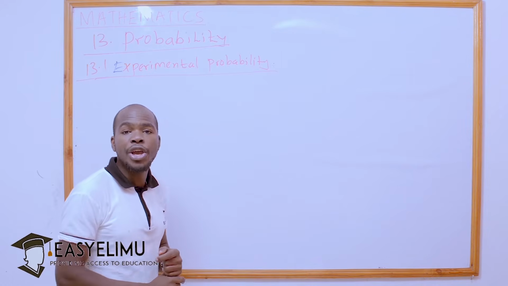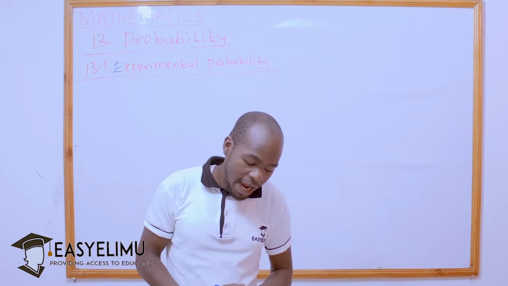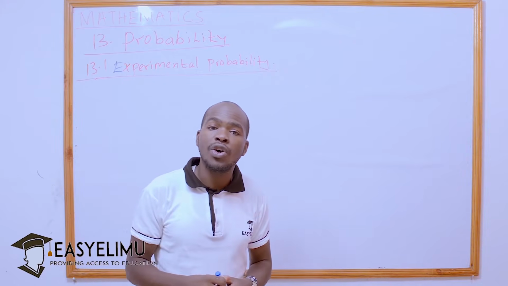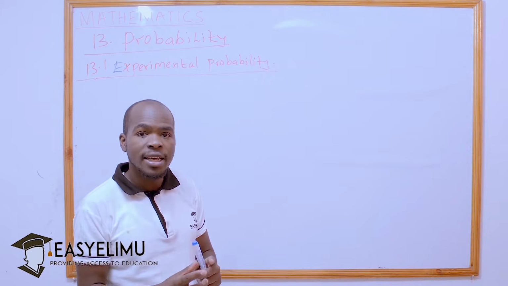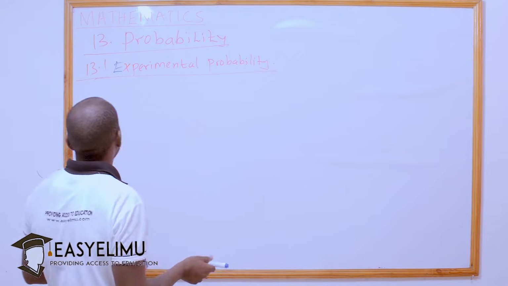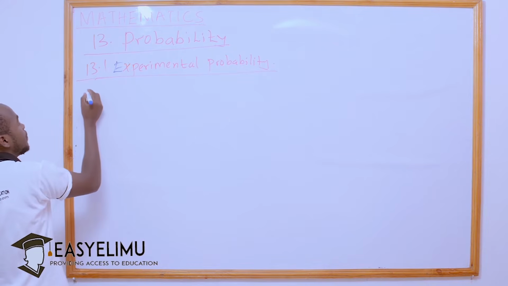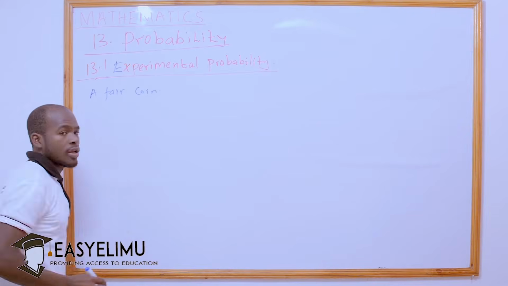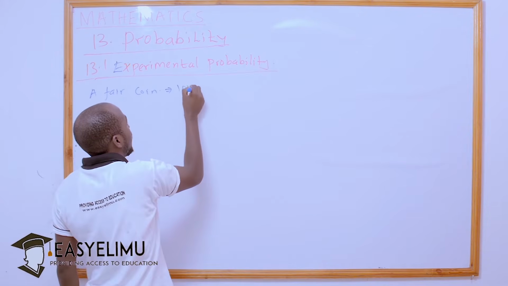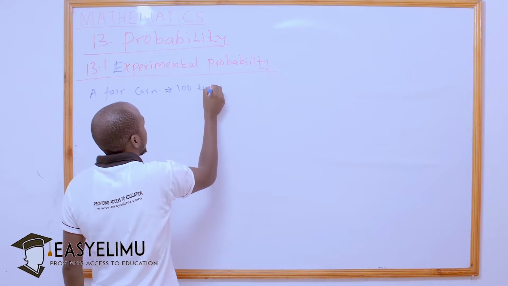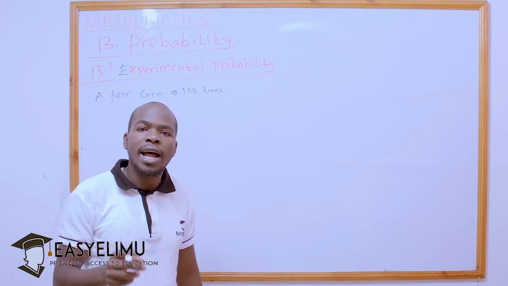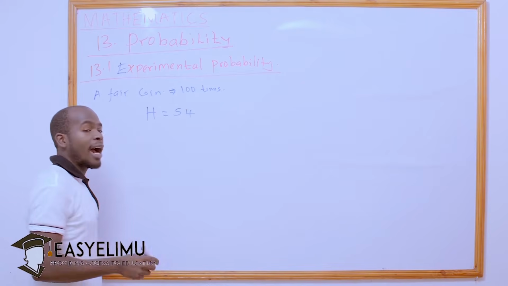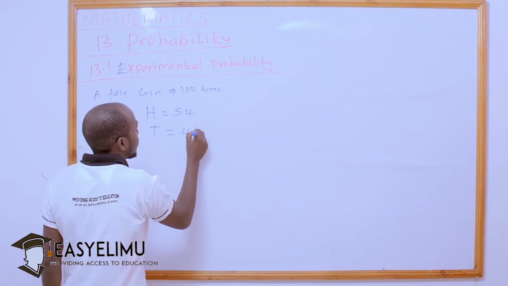So we shall consider a fair coin which was tossed 100 times, and the number of heads which show up and also the tails which show up during that experiment. So you will find that if somebody tossed a fair coin 100 times, within that 100 times, a head was shown 54 times and a tail was shown 46 times.